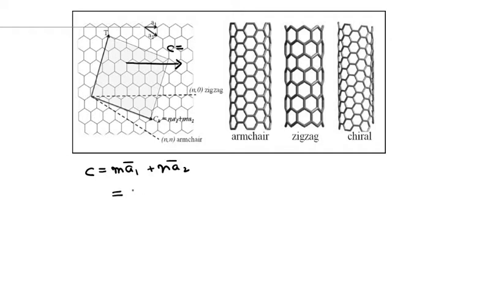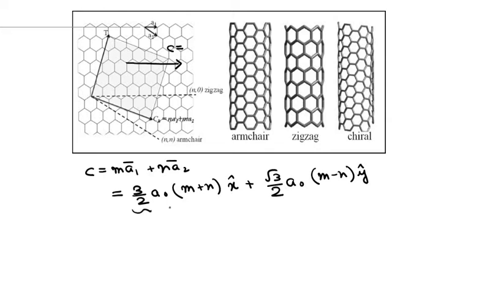C was basically equal to 3 by 2 a0 (m plus n) x cap plus root 3 by 2 a0 (m minus n) y cap. And if you remember, this part we called a, and this part we called b. So this is equal to a (m plus n) x cap plus b (m minus n) y cap.